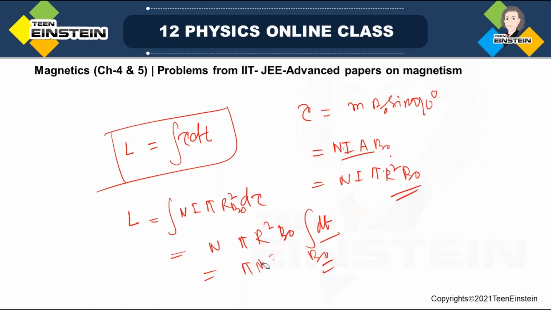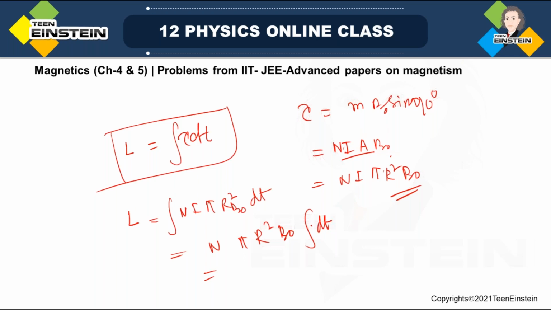And this is not tau, this is actually dt. This I is not a constant because the capacitor is getting discharged, so the charge is always changing in the capacitor, so this current is actually not constant current.